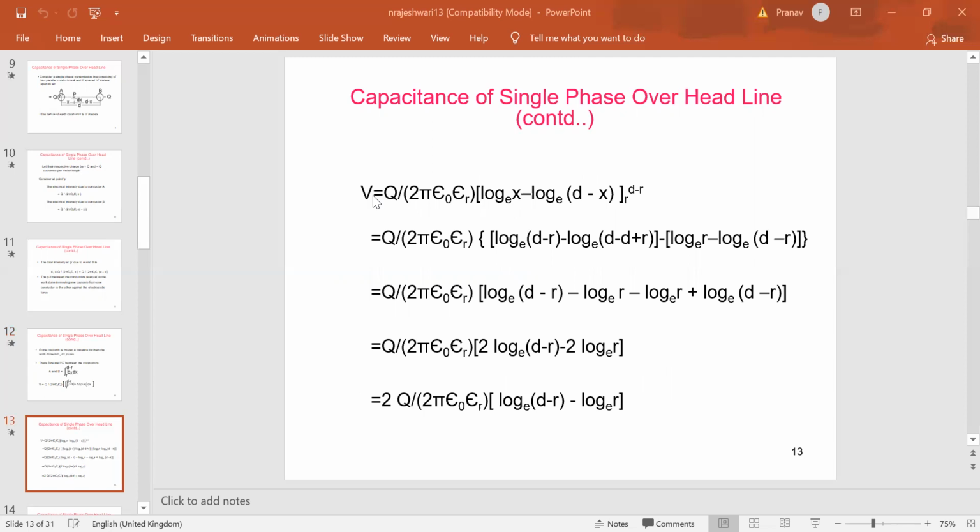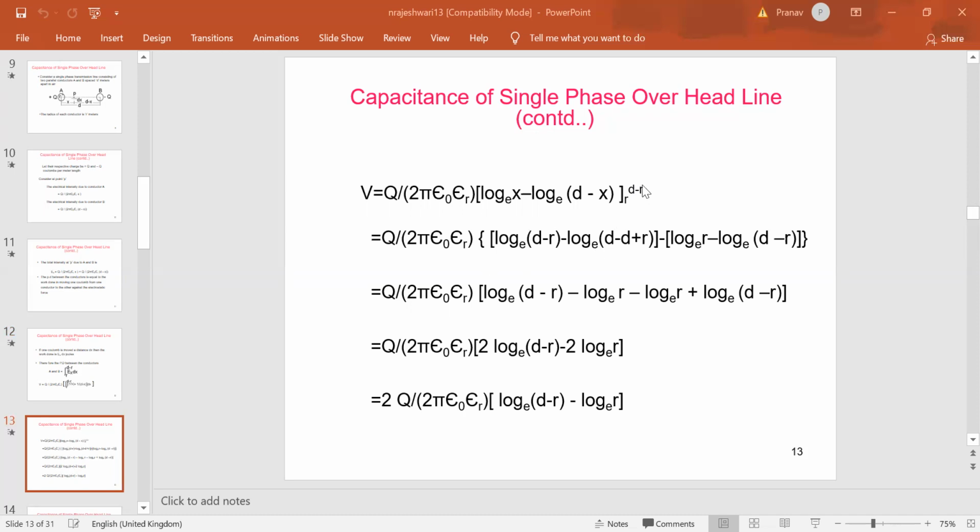So V is equal to q by 2 pi epsilon naught epsilon r, log x minus log of d minus x, with limits r to d minus r. The upper limit is d minus r and the lower limit is small r.